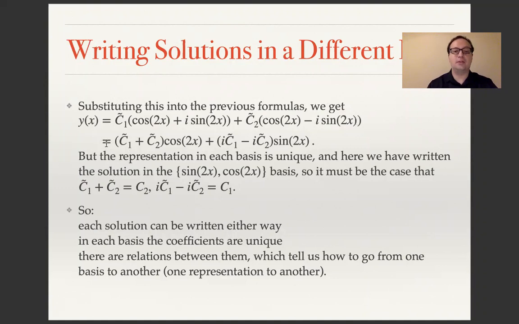And then let's write this in terms of sine and cosine. Factoring cosine of 2x, you get c1 tilde plus c2 tilde times cosine of 2x, and then plus i c1 tilde minus i c2 tilde times sine of 2x.